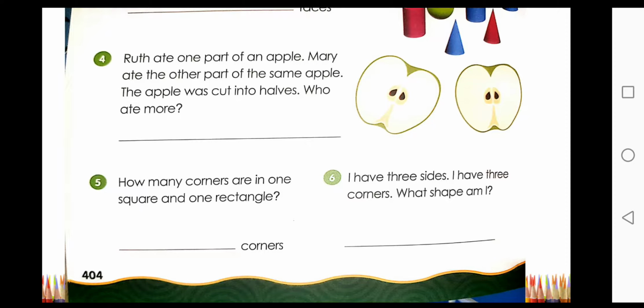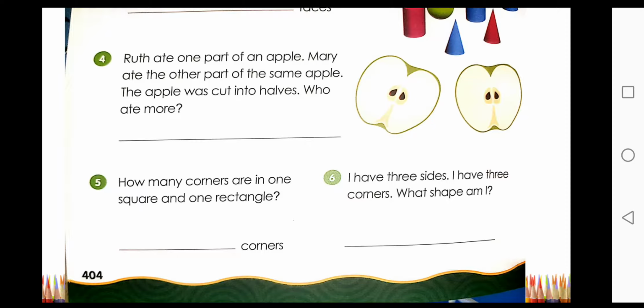Now, how many corners are in one square? A square has 4 corners.